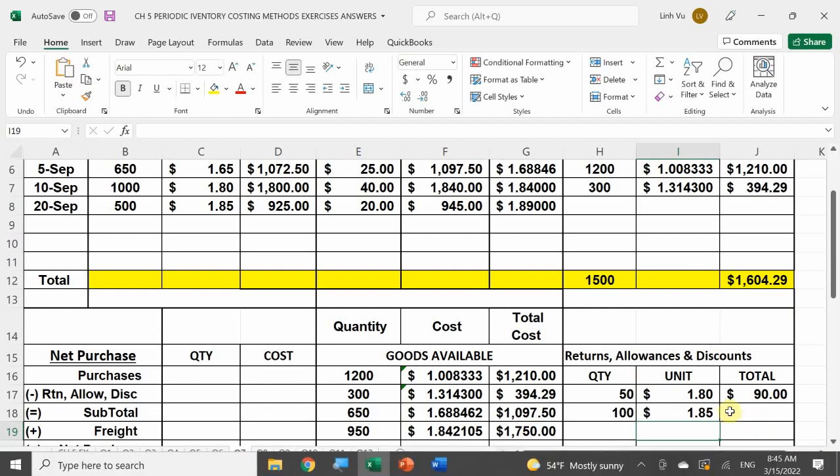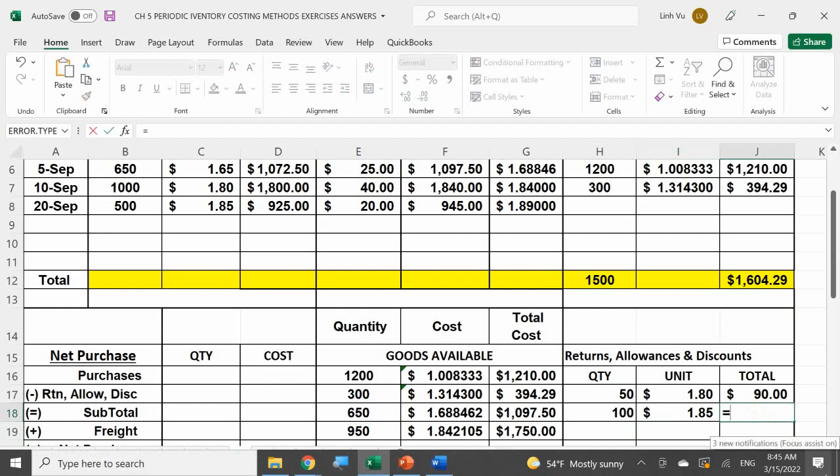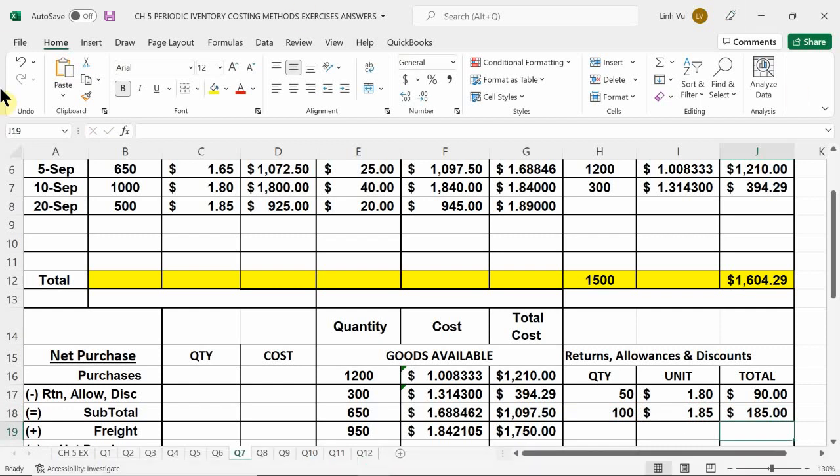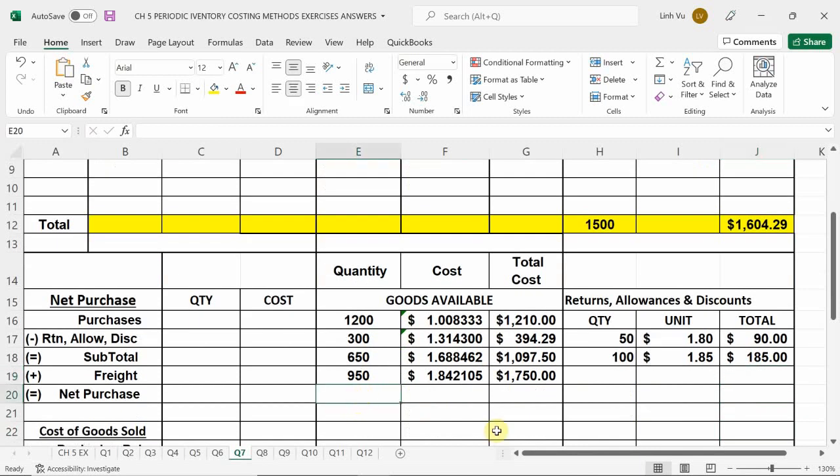So in this case, how much is going to be my full refund for? $185. Good.